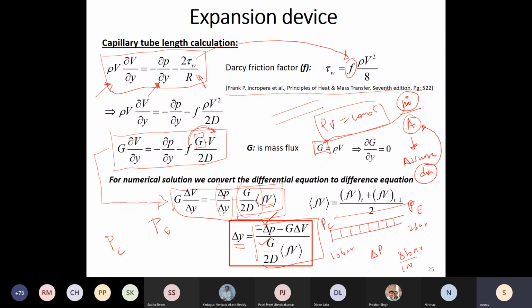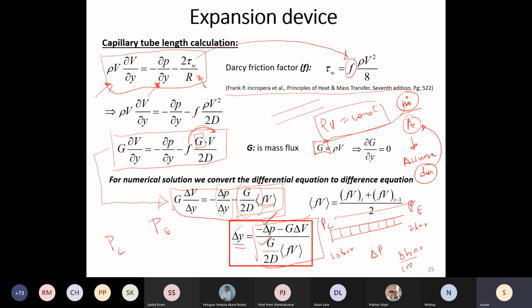Now all I need to determine is first the velocity difference, which I do not know right now, and the length required for me to attain this delta P. So these are the two unknowns. So how do I get the velocity? Can anyone tell me?